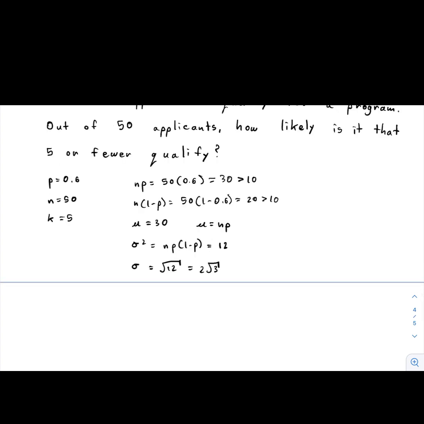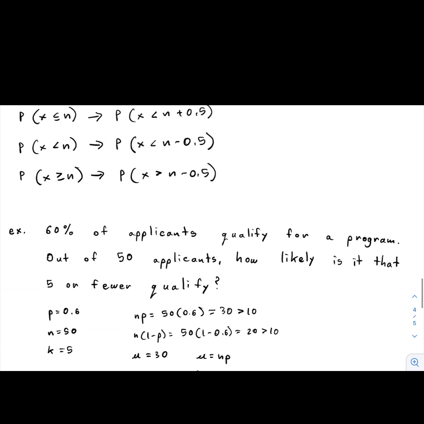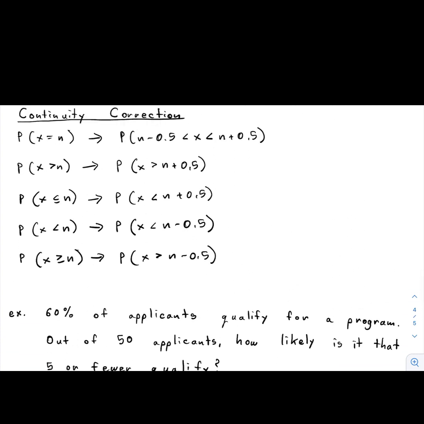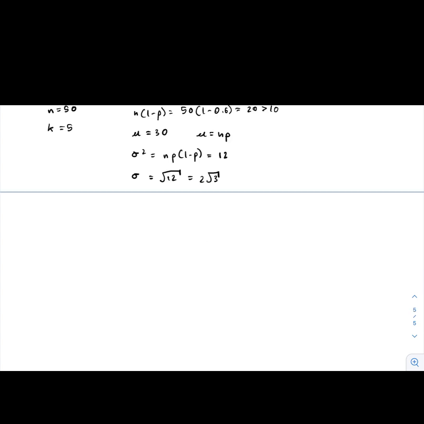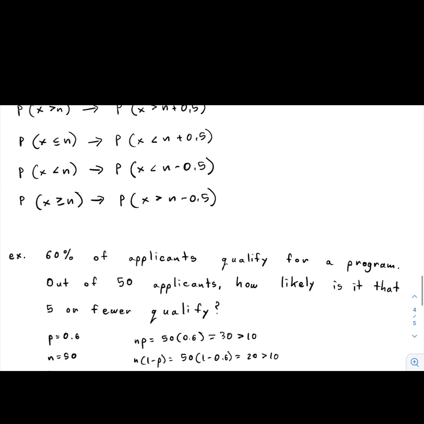Because we care about 5 or fewer, that is this third option down here, x less than or equal to n. So we want to consider in our normal distribution x being less than n plus 0.5. The particular value of the number of successes that we have is 5. So we really care about the probability of being less than 5 plus 0.5 or 5.5.